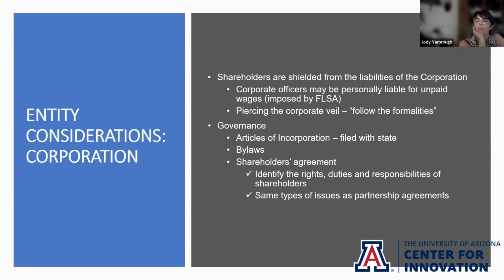For a corporation, you have to file an annual report with the Secretary of State. You have to have at least 1 meeting of the board of directors each year, and you need to keep minutes of those meetings.